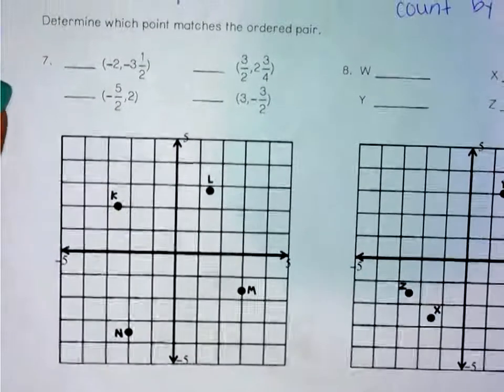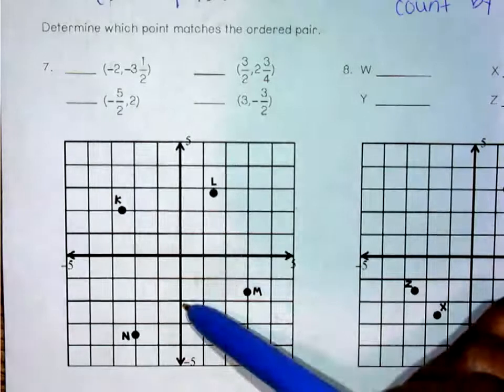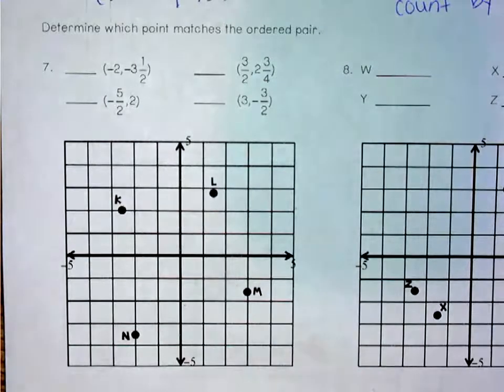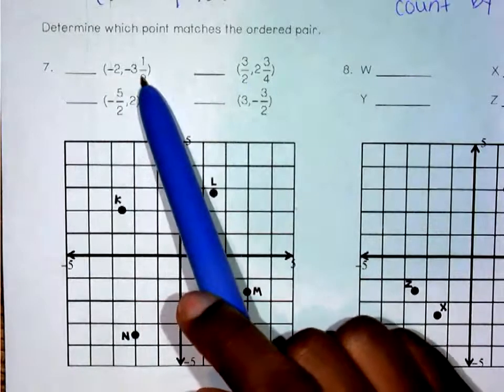Almost finished. It says determine which point matches the ordered pair. Now 7 in this graph goes together and 8 in this graph goes together. The first one you have is -2 and -3 and 1/2.